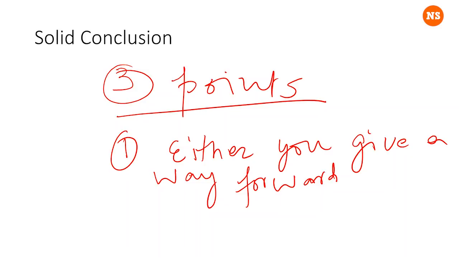Another approach that you can follow is to give a solution. Again, there is not much of a difference between a way forward and a solution, but a solution would typically mean that, for example, the question talks about some problem. Let's say cross-border terrorism is being rampant across the globe.